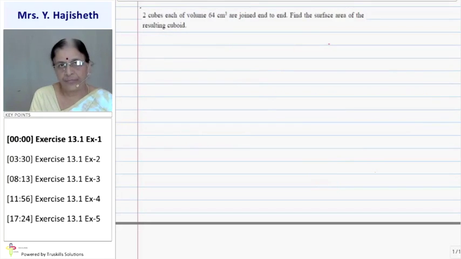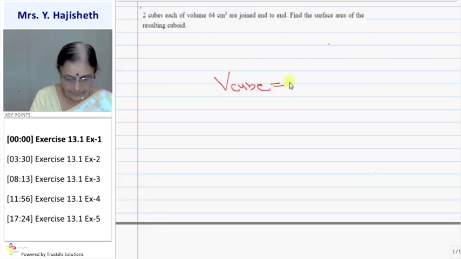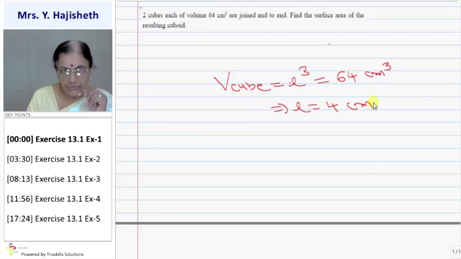See, volume of cube is L cube and it is given as 64 centimeter cube. So L is 4 centimeter, okay? Now when two cubes are joined together, it is going to become a cuboid.